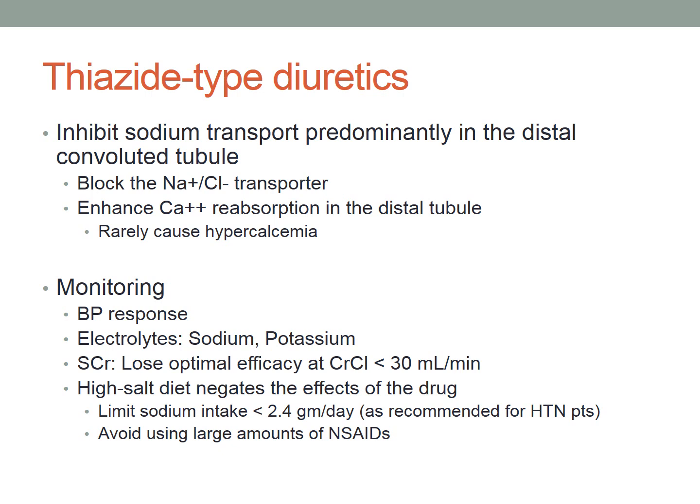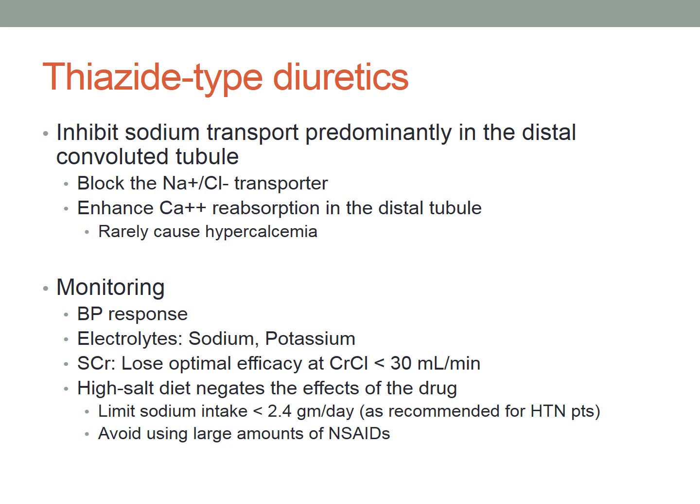Now, despite this, they rarely cause hypercalcemia in your patients. So things to monitor with thiazide-type diuretics: of course, blood pressure response, because you always want to monitor for safety and efficacy. You're going to monitor electrolytes as well. You're going to look at potassium and sodium. And then also your serum creatinine.